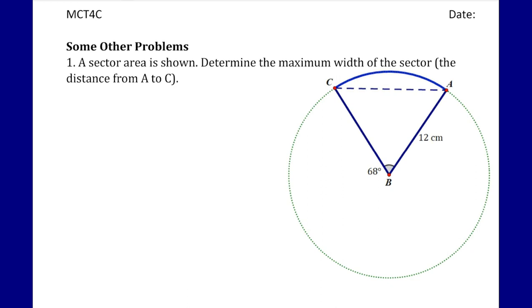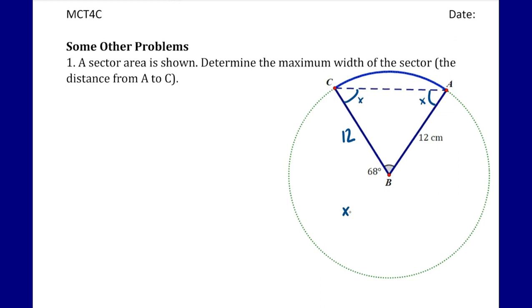If I know that both of these are radiuses, they're equal. And if I was to form a triangle, these two angles would have to be equal. I know one angle is already 68, so these two angles we'll call x.